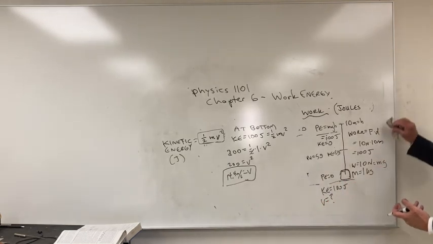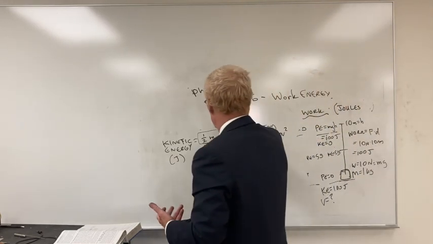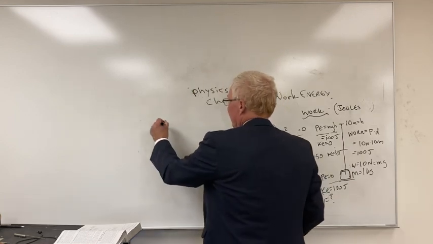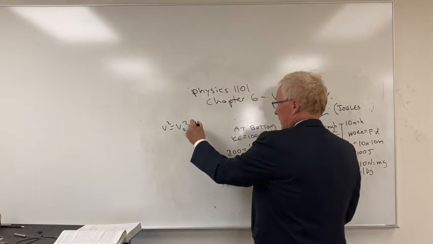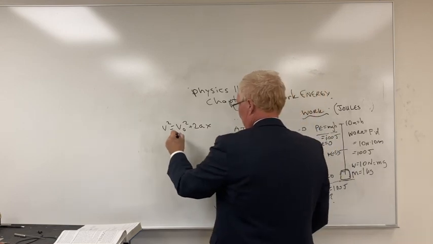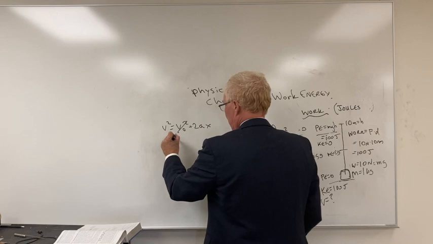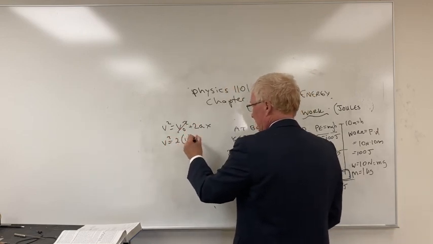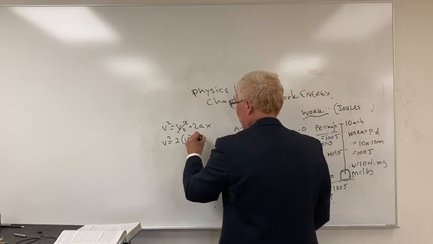All right, in our kinematic equations, v squared is v naught squared plus 2ax. v naught is 0, I'm using g as 10 meters per second squared times the height that it falls, which is 10.